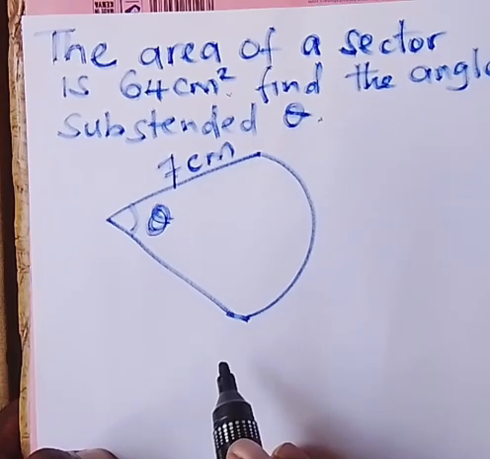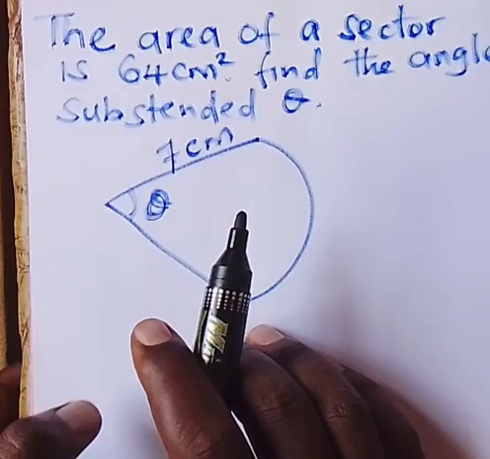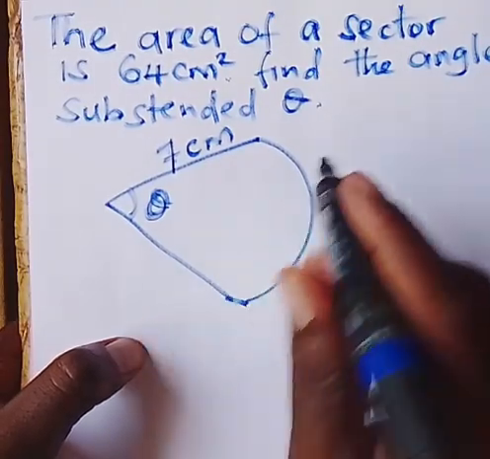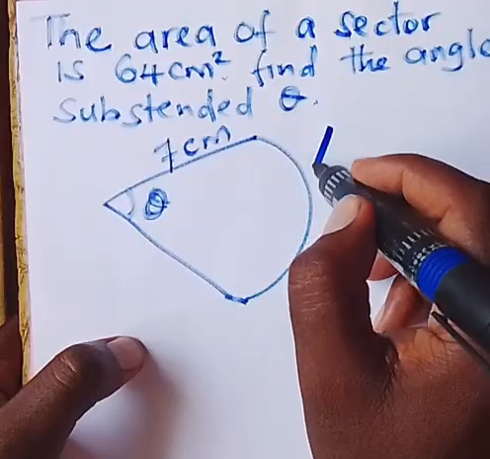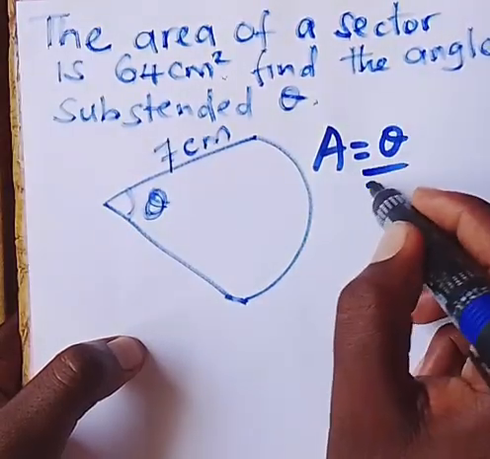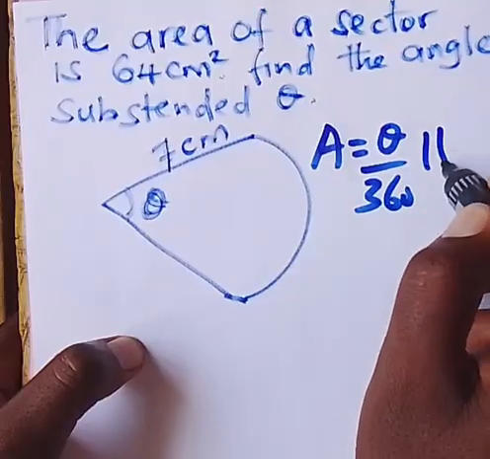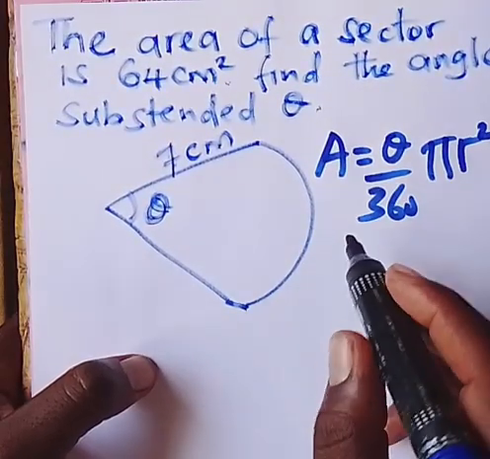So as we look at this sector, what do we have? We have been given the area. The formula for finding the area of a sector is theta over 360 pi r squared. On the question, what have we been given?